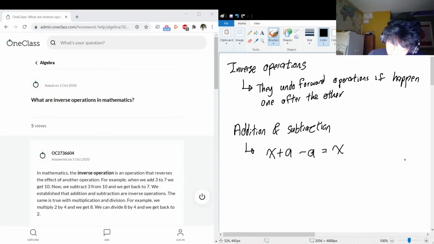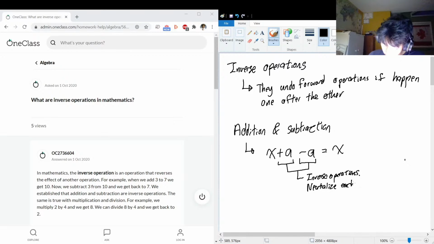And that is because the plus a and the minus a are inverse operations, and they neutralize each other. Okay, so this will be useful in a lot of different areas of algebra. If you know the inverse operation, you can send things to the other side.